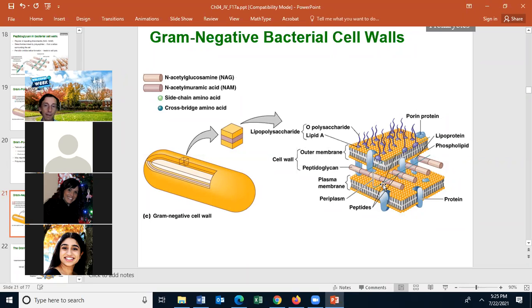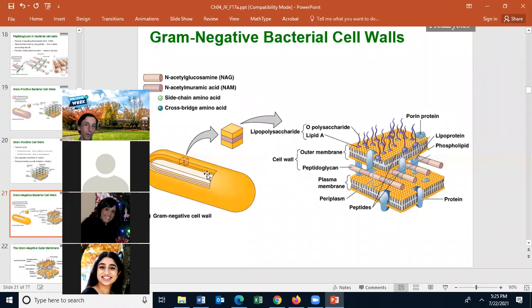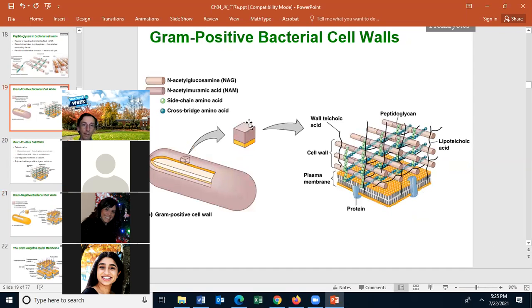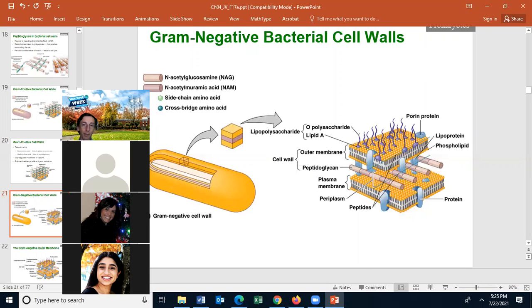That's an oversimplification. The peptidoglycan layers are much thinner in the gram-negative cell than in the gram-positive cell. Right there. So it's much thinner, but it is not just one layer of peptidoglycan. It's multiple layers. In the gram-positive cell, we may have more than 100 layers of peptidoglycan.